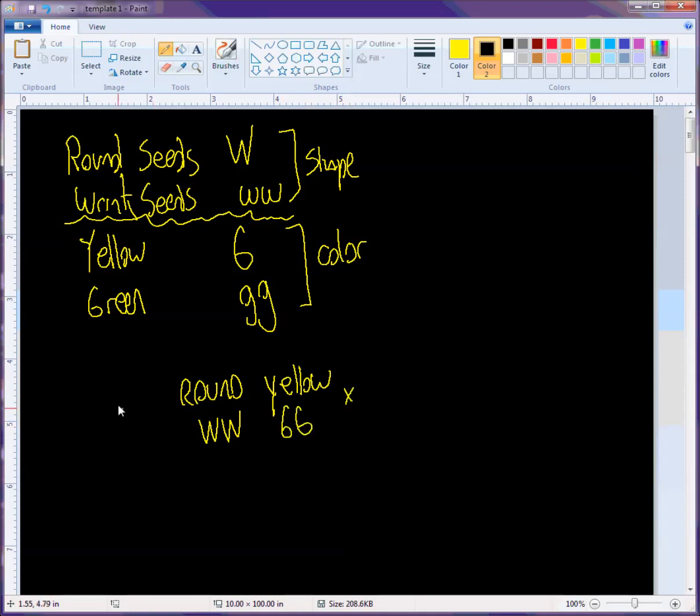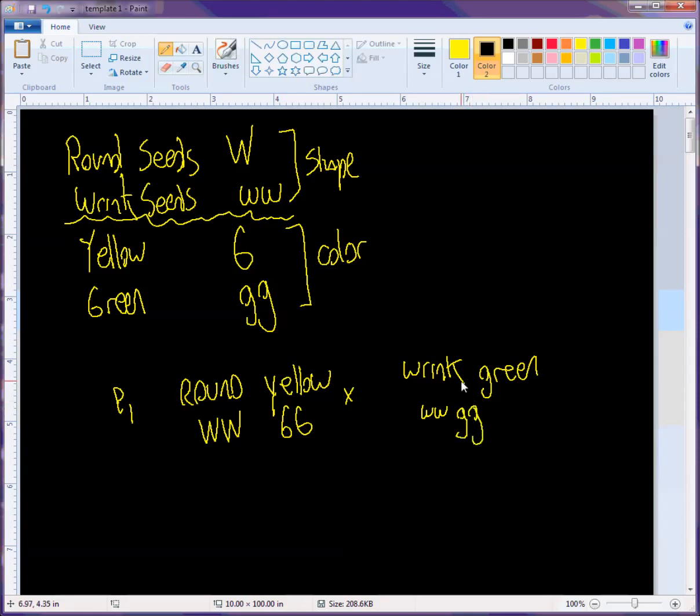So this is the P1 generation, and Mendel's crossing this plant to a plant that is wrinkled and green. So wrinkled, we need two little W's here, and I need to make sure to make my W's different sizes, but these are two little W's, and for green we have two little G's.